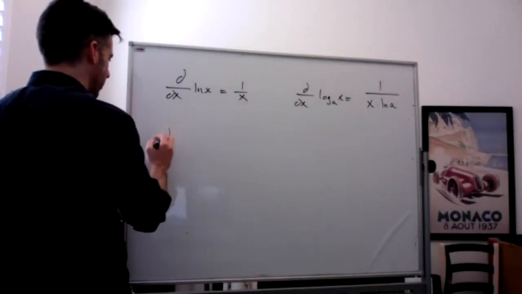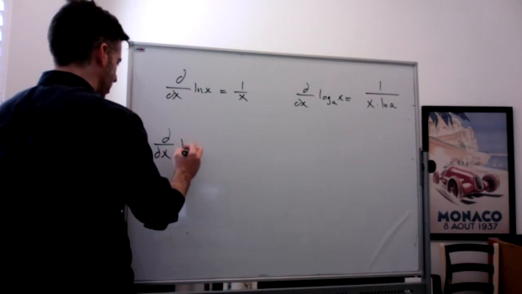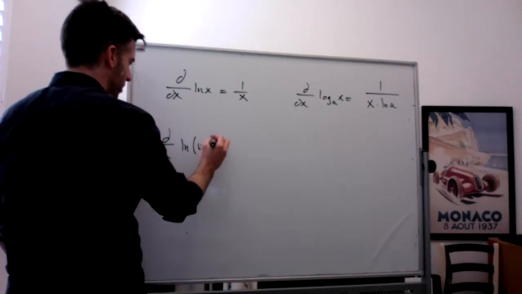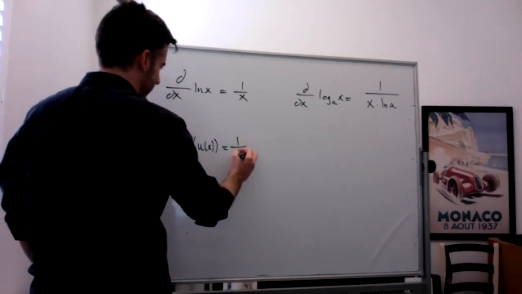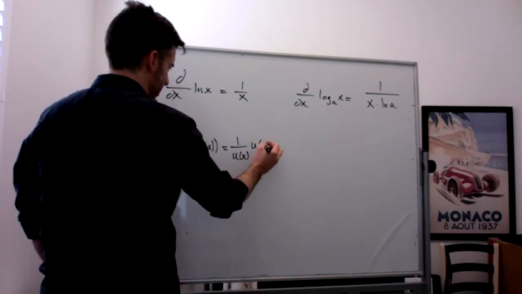And then we know more generally the derivative of the natural log of some stuff is 1 over the stuff times the derivative of the stuff.